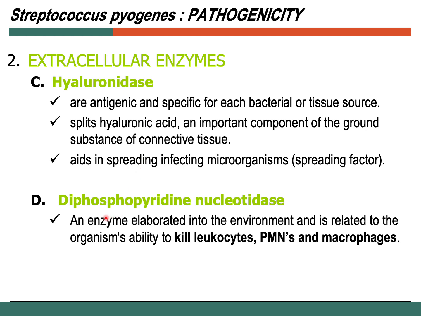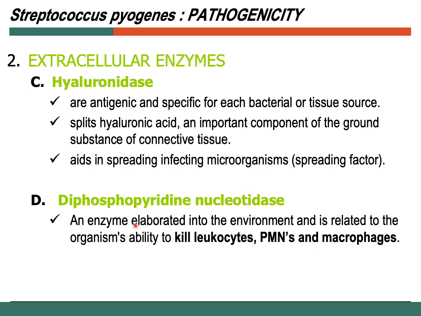You also have this pyridine nucleotidase. So these enzymes are elaborated in the environment and related to the organism's ability to kill leukocytes, polymorphonuclear cells, and macrophages. So this is the same action as your PVL, your Panton-Valentine leukocidin in staph.